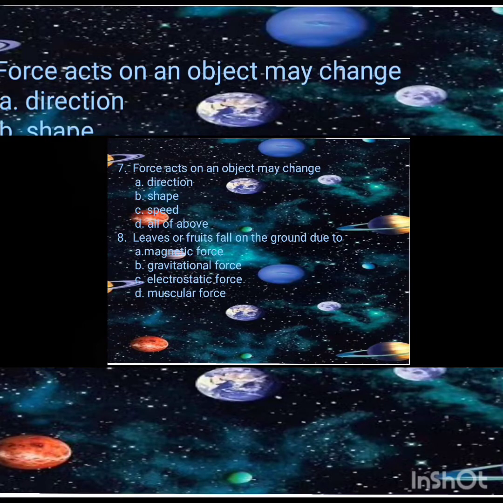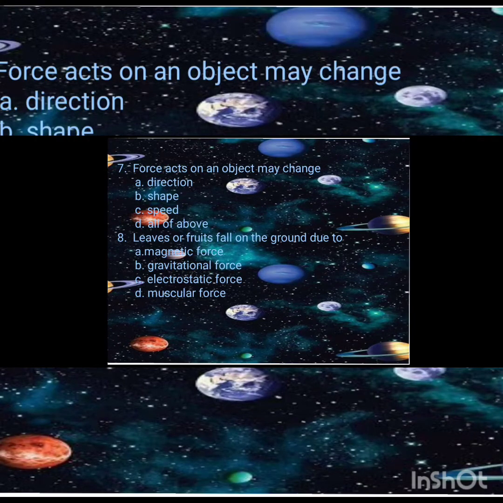Leaves or fruits fall on the ground due to A. Magnetic force, B. Gravitational force, C. Electrostatic force, or D. Muscular force. And the correct answer is, yes, very good. It's gravitational. Ninth.